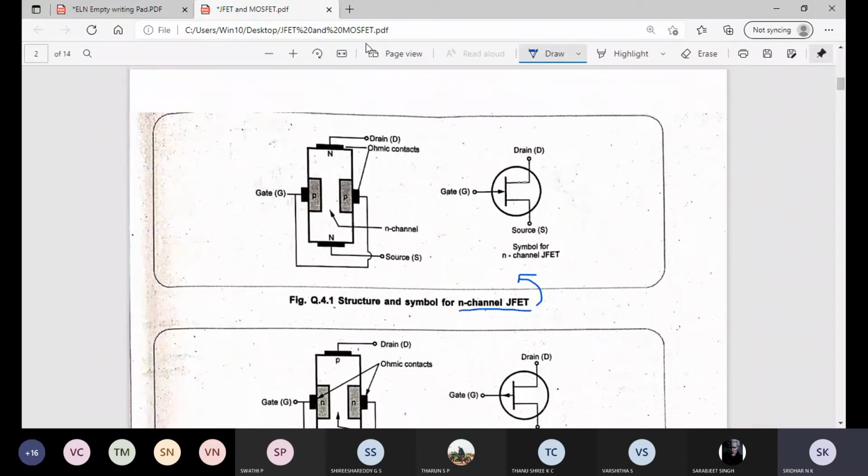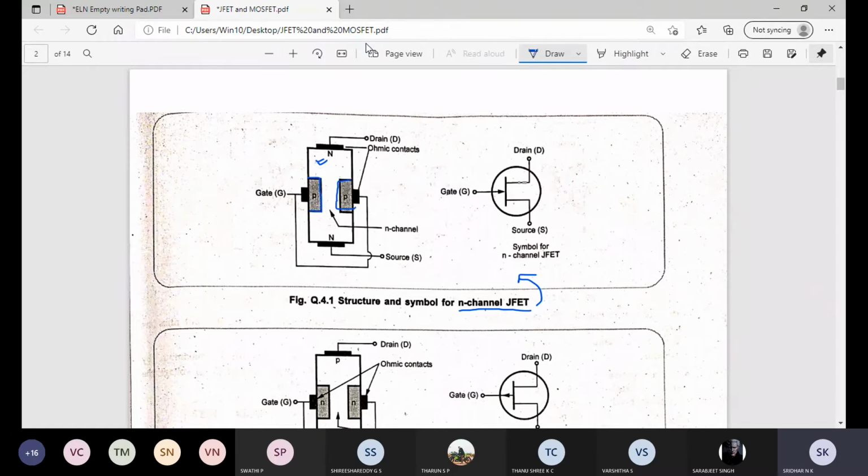Let us see how this structure is formed. Please understand this very clearly, so that if you understand this, the rest of the five will be easy for you to understand. You have an N type semiconductor. Upon this N type semiconductor, on both sides, they have diffused a heavily doped P type semiconductor.